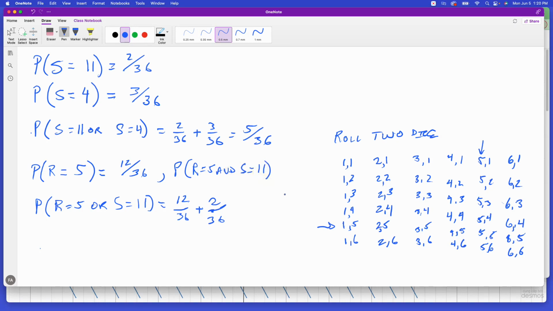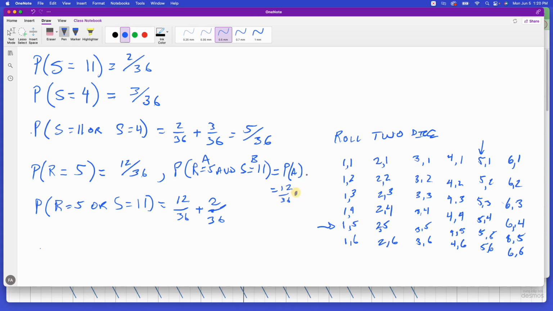What's that probability? Let's call rolling a 5 A, and getting a sum of 11 B. The probability of A, rolling a 5, we can do in 12 ways, so 12 out of 36.